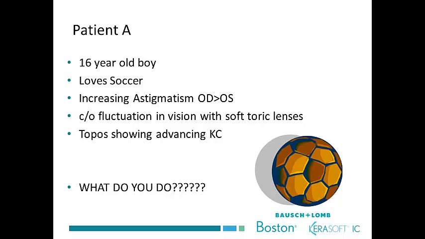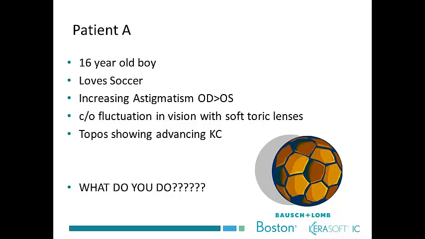You can fit your corneal GP lens on this patient, and when they're being active outside, you can do what's called reverse piggybacking, where you put a soft lens over the corneal lens to kind of hold it in place while they're playing sports, and then they can take it out when they're done.